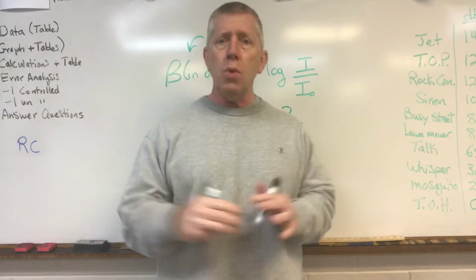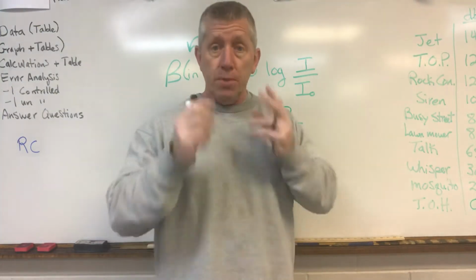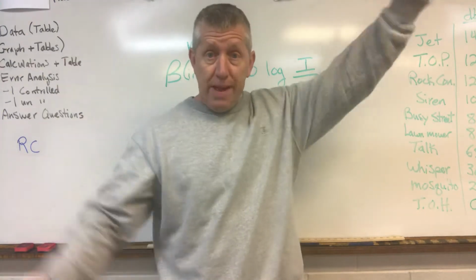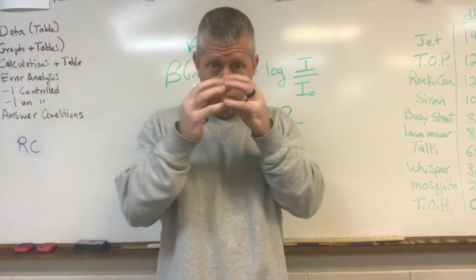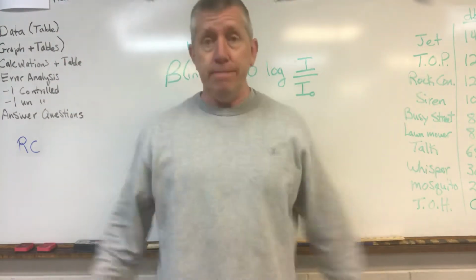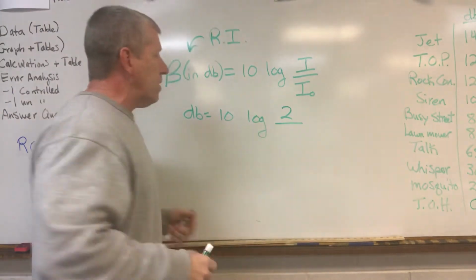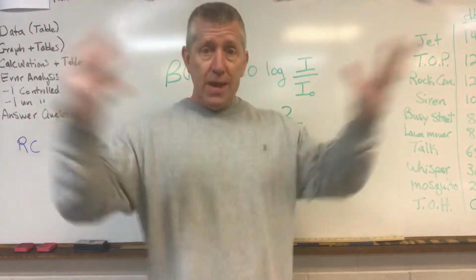Is it a square? No. Sound, when it propagates from a source, is going in all directions, 3 dimensions. What's 3 dimensions from this one spot? That's right, a sphere. So we need the area of a sphere, because that's what the area is from a sound source.